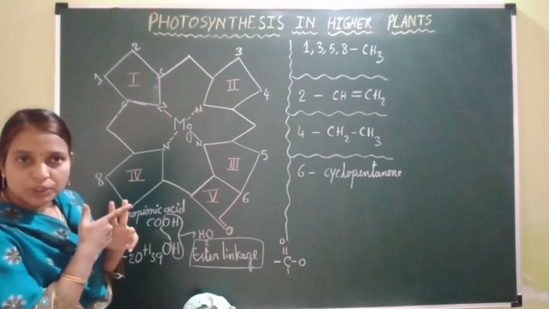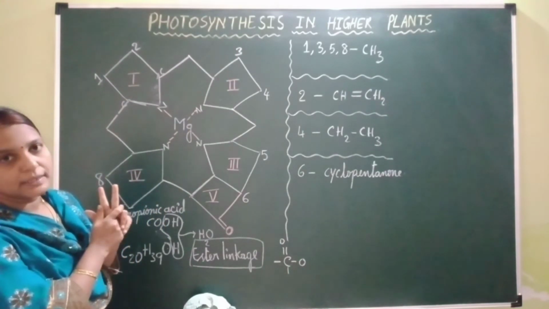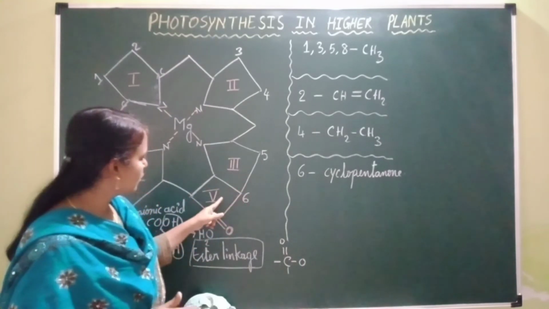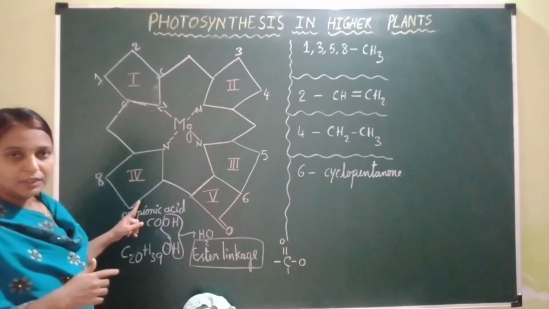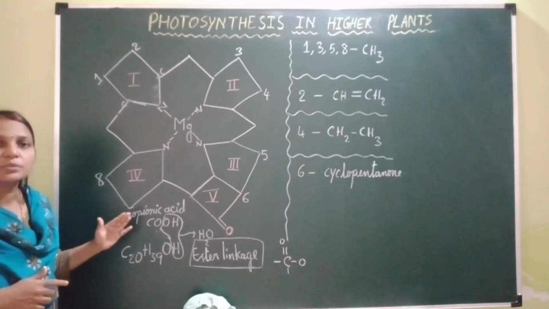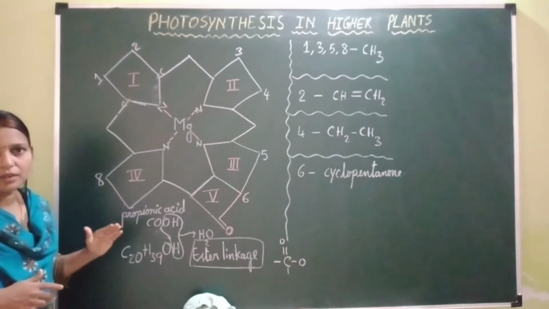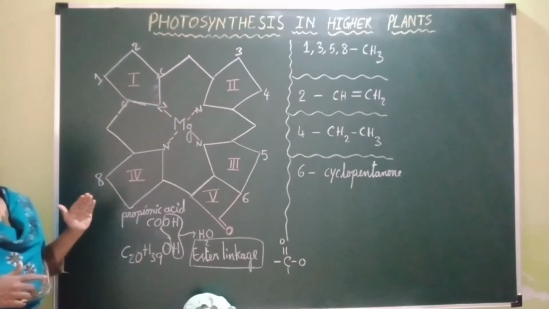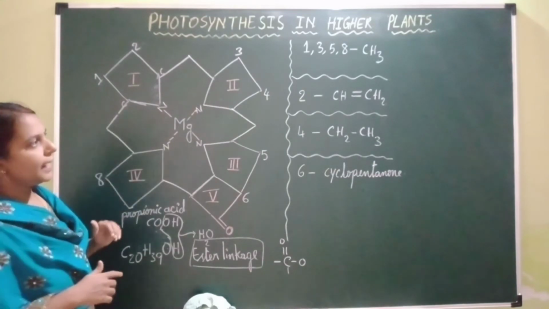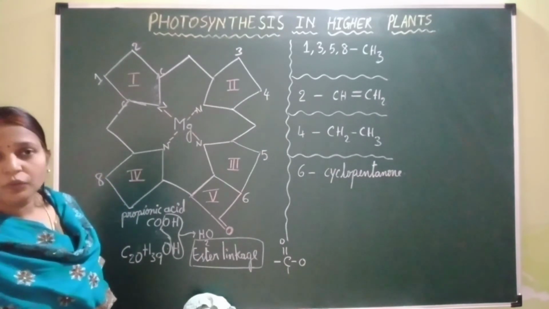And at the 4th position, what is attached? An ethyl group is attached. And at the 6th position, a cyclopentanone ring is formed. And at the 7th position, the phytol tail is attached by the formation of an ester linkage between the phytol tail and the propionic acid present at the 7th position of the head. So this is all about the structure of chlorophyll A.